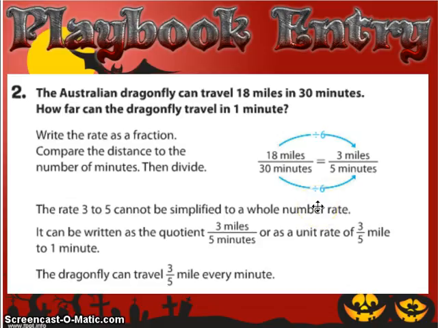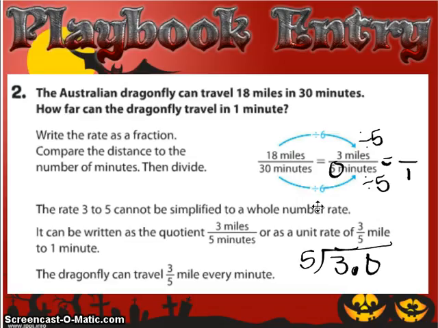Well, that's because if we were to go from 5 minutes to 1 minute, I would be dividing by 5, which means I would have to divide my 3 at the top by 5. Now we know that 5 can't go into 3, so we end up having to add our decimal and add a 0.